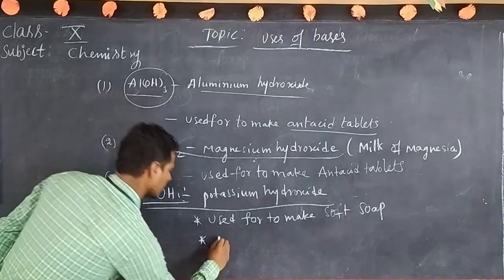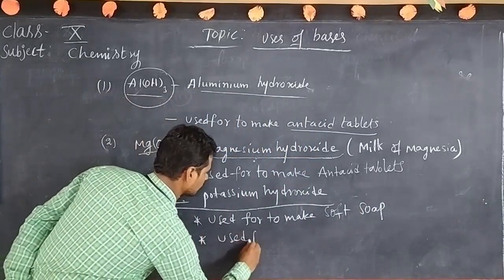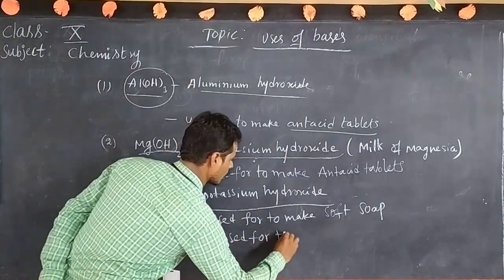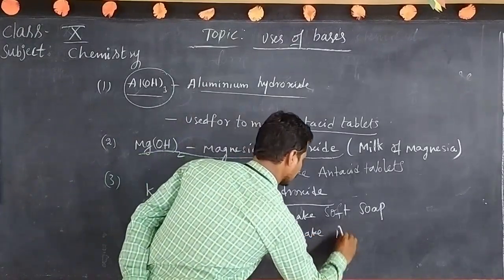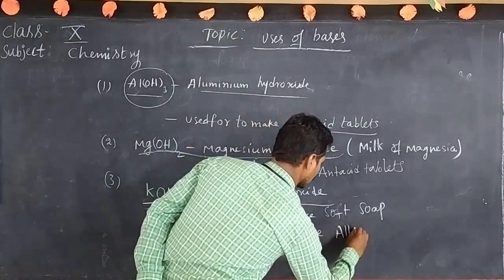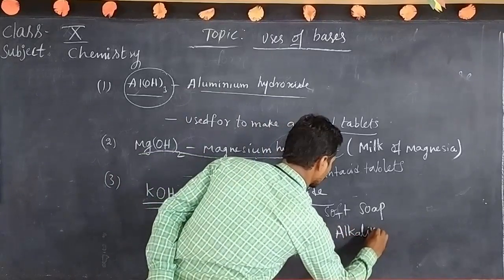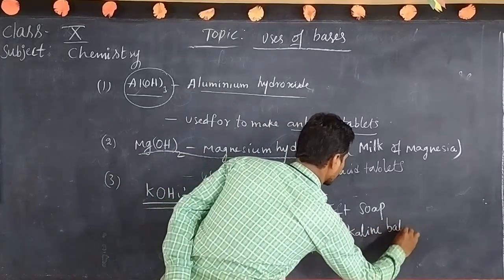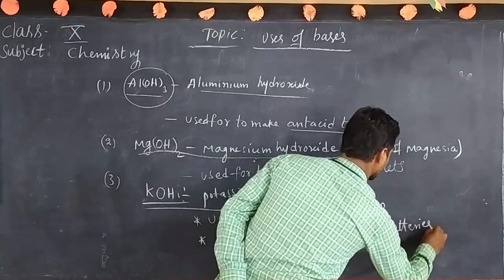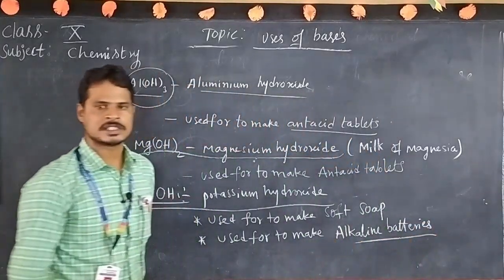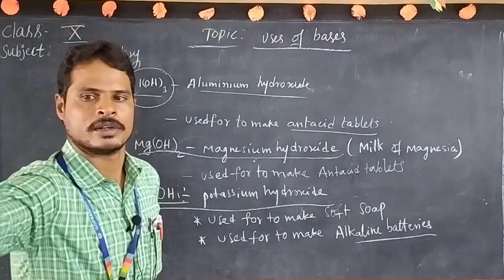Another use is to make alkaline batteries. Alkaline means basic nature.